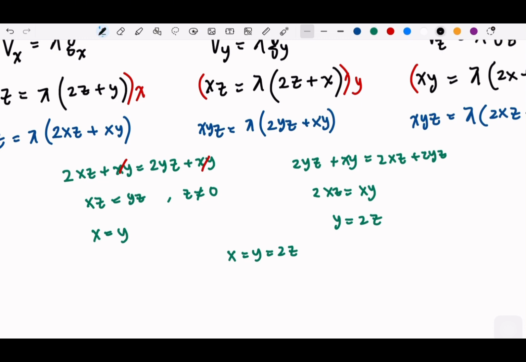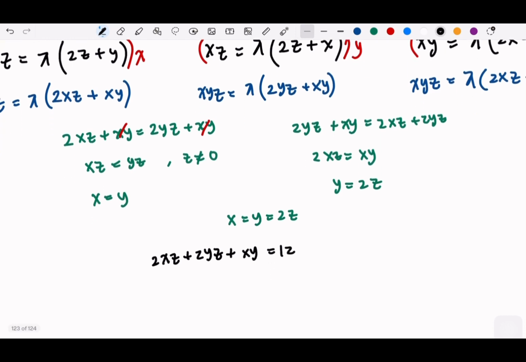We have the restriction as 2xz plus 2yz plus xy equal 12. So we can exchange everything to z. So x will be 2z, so this is 4z squared. So this is substitute.